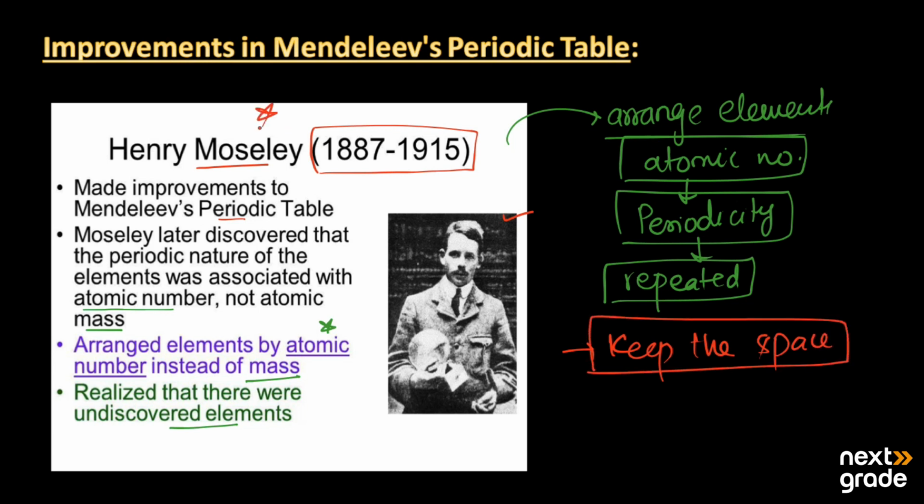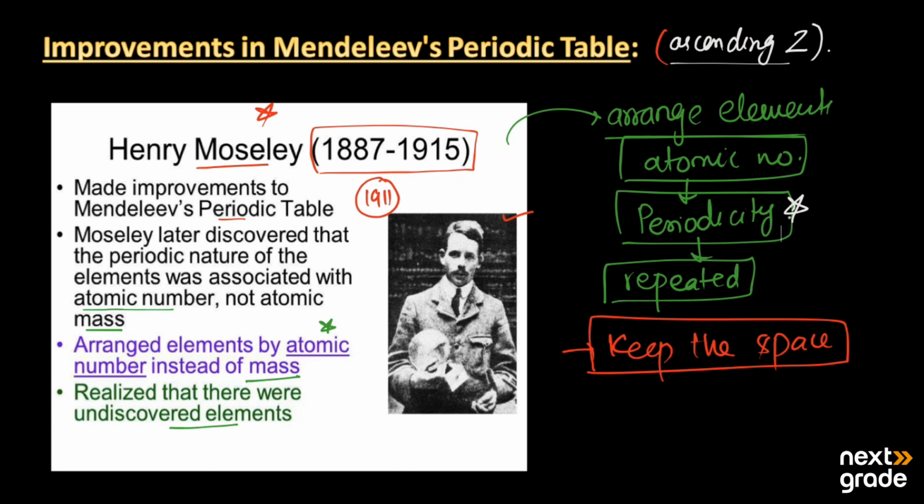It was known as the modern periodic table, improved by Moseley in 1911. The order of arrangement of elements was ascending order of their atomic number, denoted by Z, and all their chemical properties are repeated in a regular manner. This is basically the periodicity of the elements.